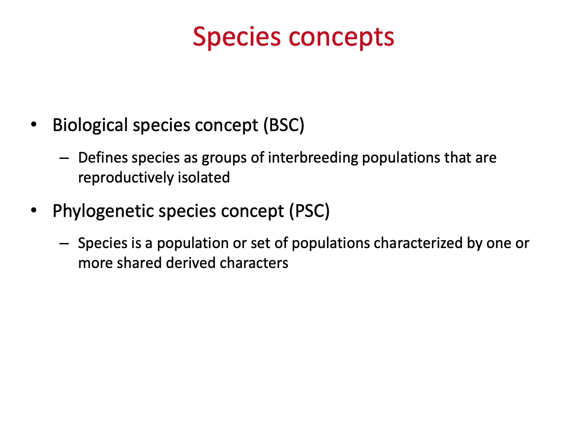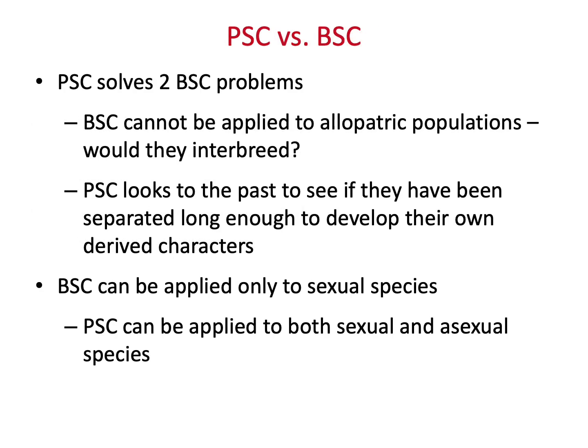Phylogenetic analysis should be a way to identify species. In this view, a species is a population or set of populations characterized by one or more shared derived characters. So this phylogenetic species approach solves two of the problems with the biological species concept.